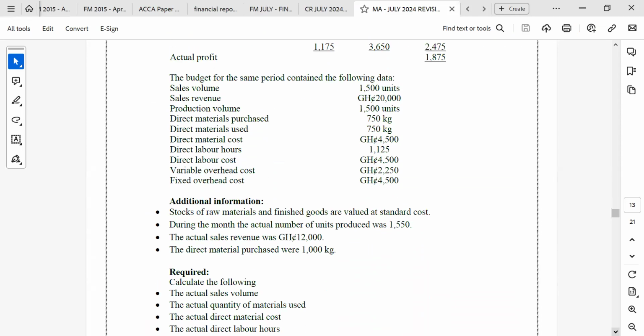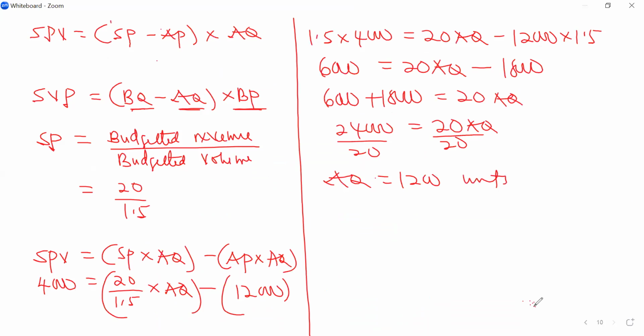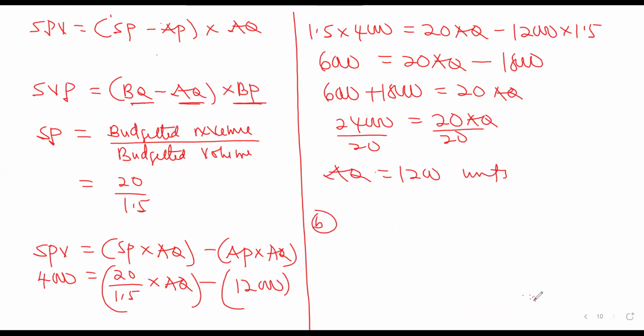Let's come to actual quantity of material used. Actual quantity of material used can be calculated. We can use the actual under two different situations.